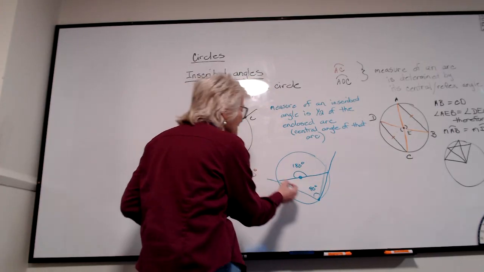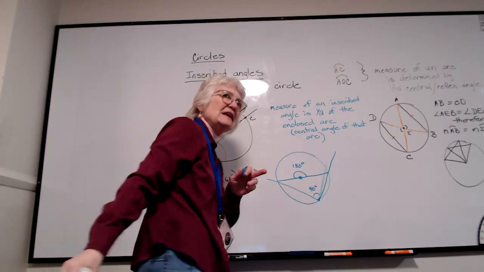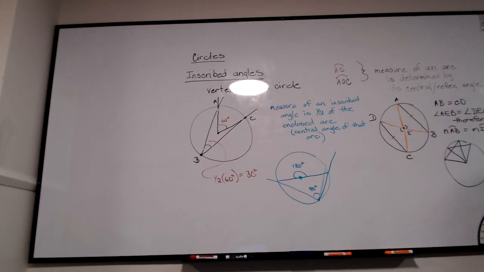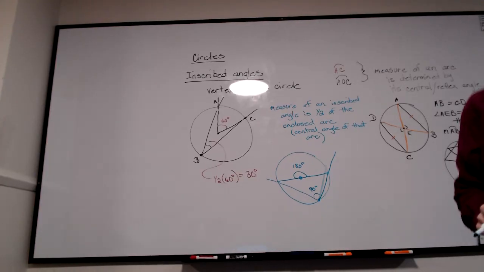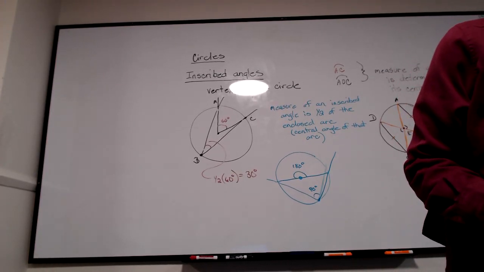So anything I inscribe with the diameter endpoints as where it goes through your circle is going to be 90 degrees. It doesn't matter what.